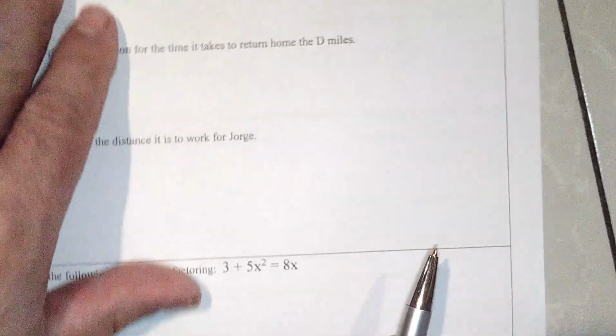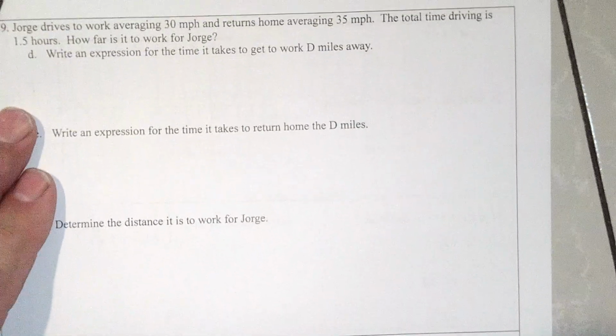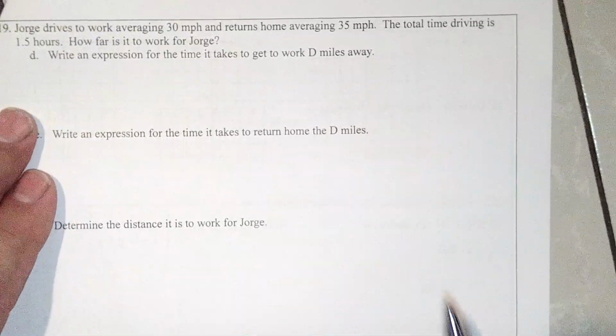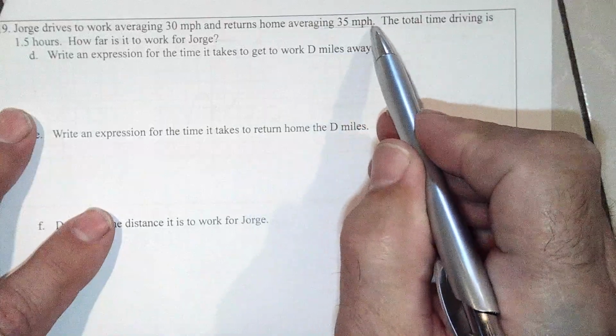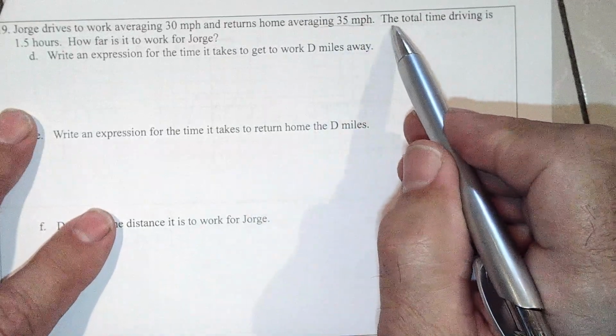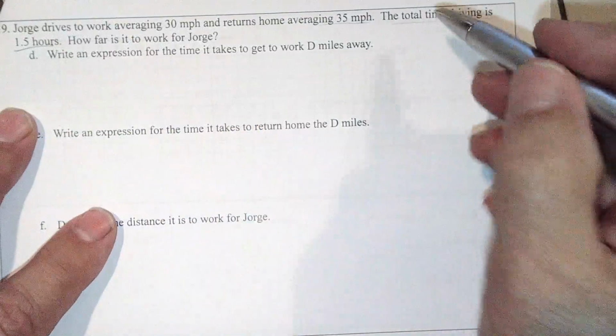Okay, next page. Jorge drives to work averaging 30 miles per hour and returns home averaging 35. The total time is 1.5 hours.